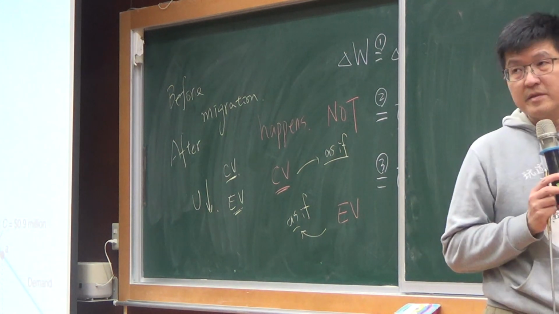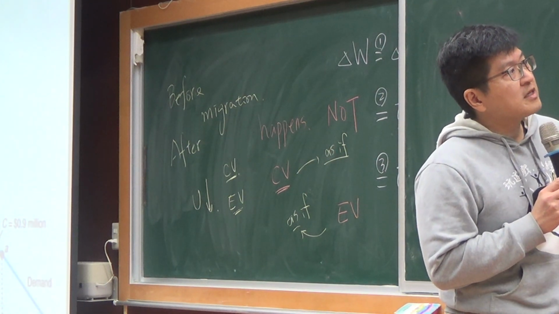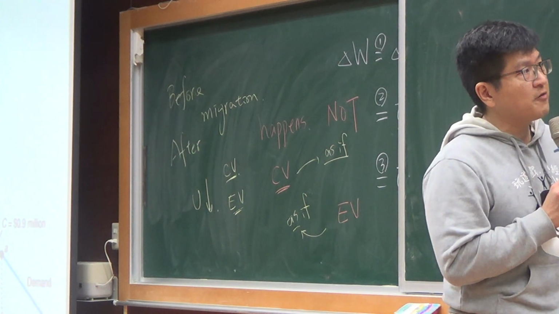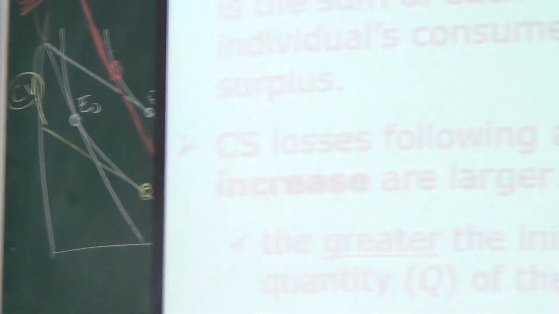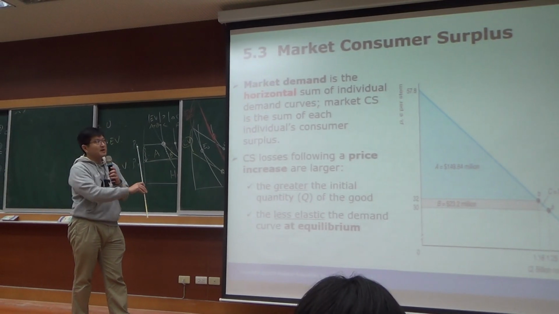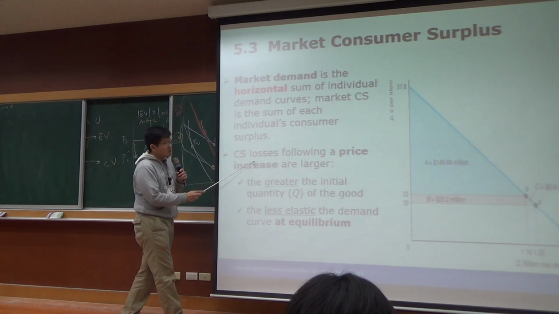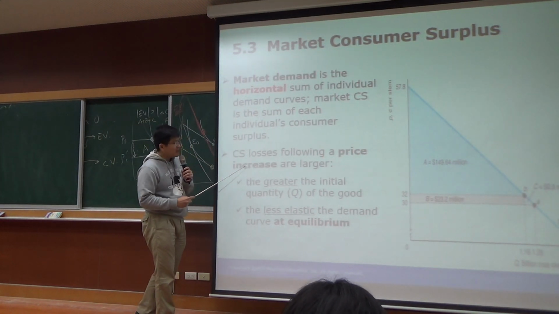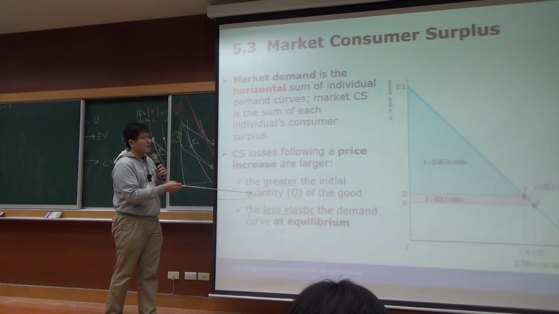So the market consumer surplus is the sum of each individual's consumer surplus. So consumer surplus losses following a price increase are larger.